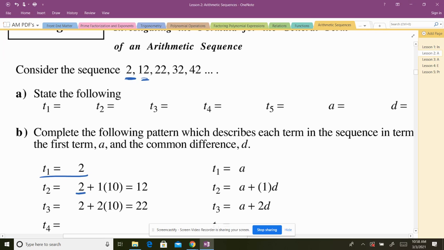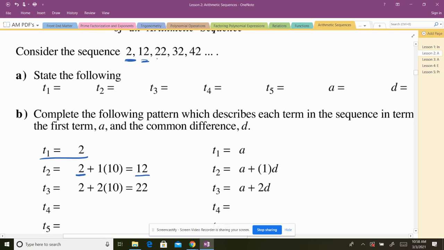You're adding 10, essentially, to get 12. Everybody agree with that? Third term is 22, which is the same as 2 plus 2 times 10, 20. That gives me 22.